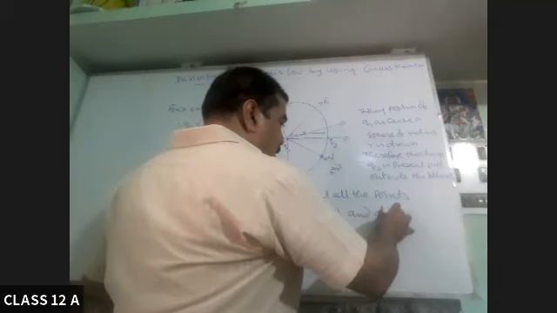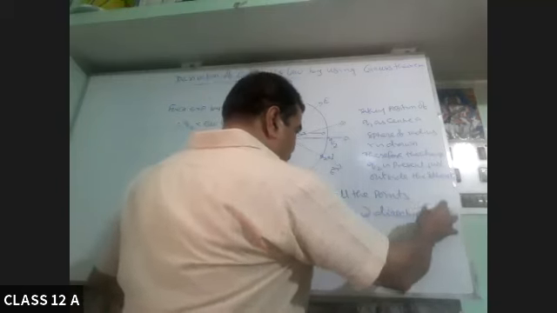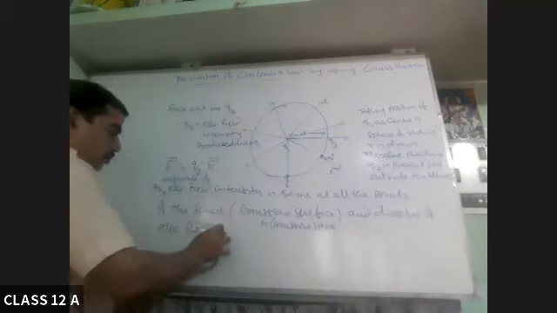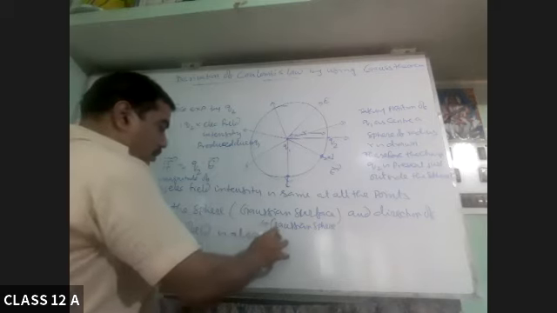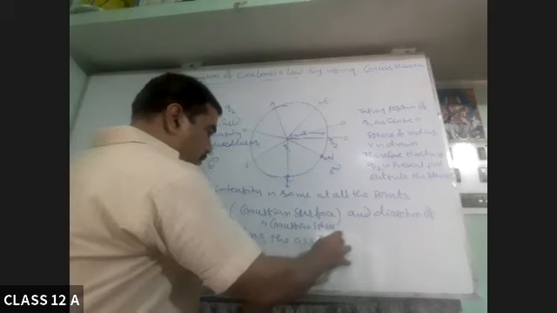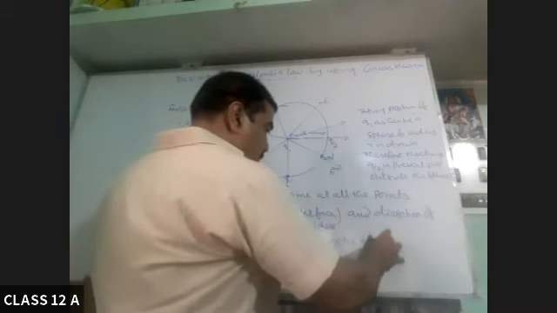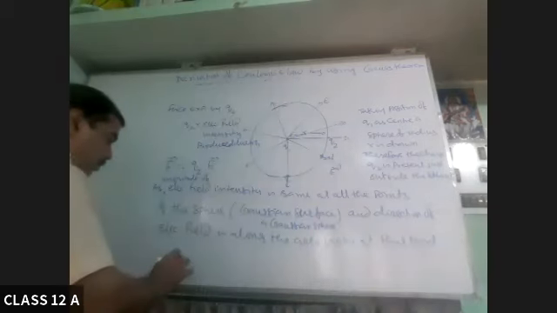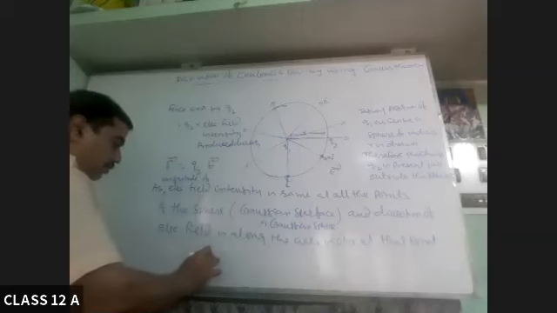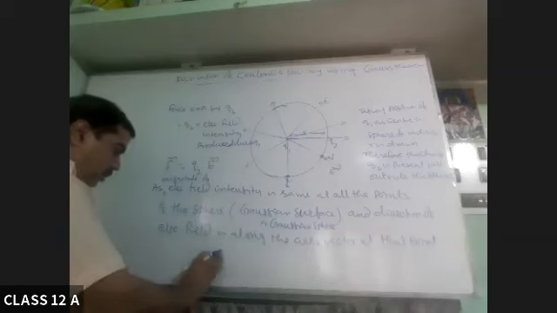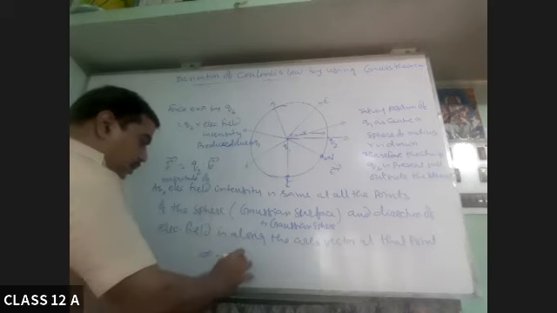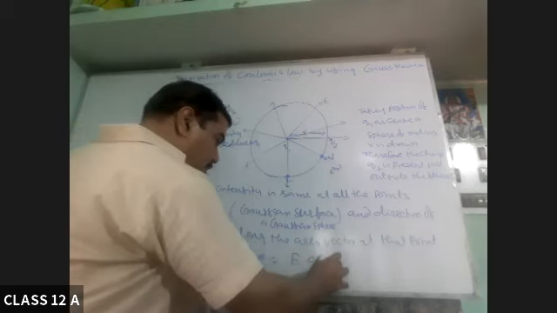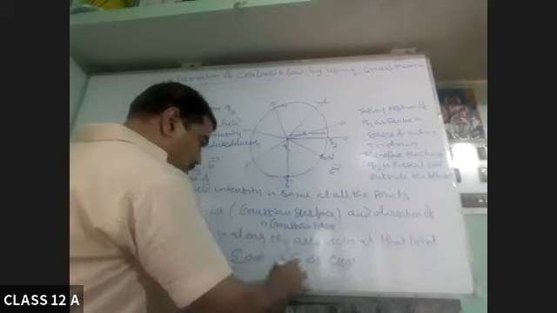And the direction of the electric field is along the area vector. Therefore, what will be this total phi? This phi will be the summation of delta phi, which is E delta S cos 0, summation.